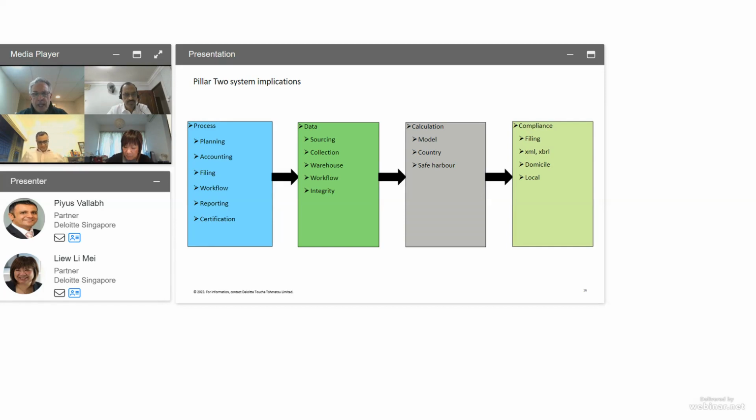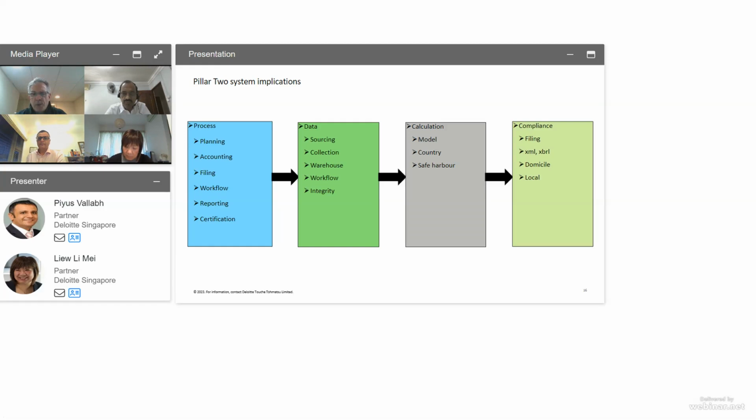And then last, reporting and also certification as well. So the process is always a tremendous challenge for our customers. Typically, many times customers have to reconsider their process, and certainly they want to be able to track the workflow as well.